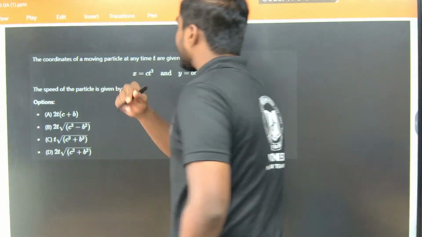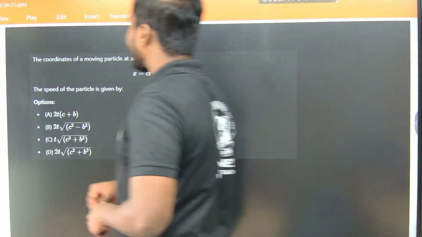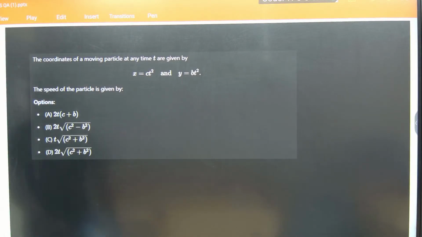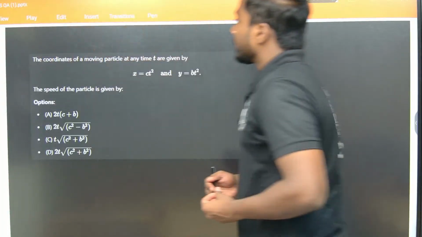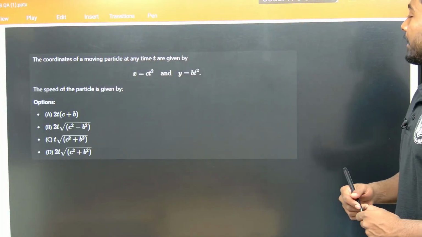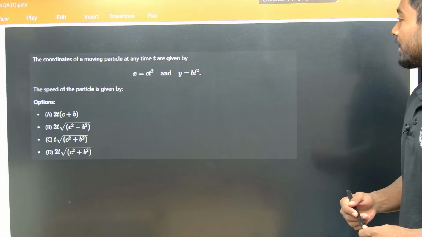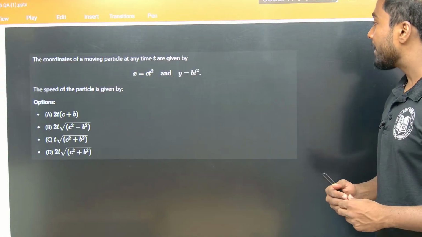The first question is, I guess it's visible, right? Yeah, I hope it's visible now. The coordinates of a moving particle at any time t are given by x equals ct square and y equals bt square.